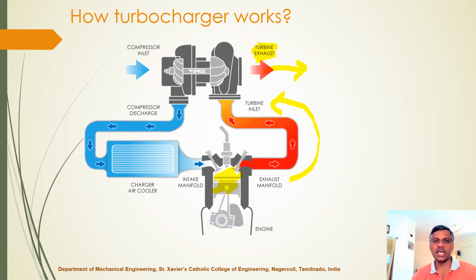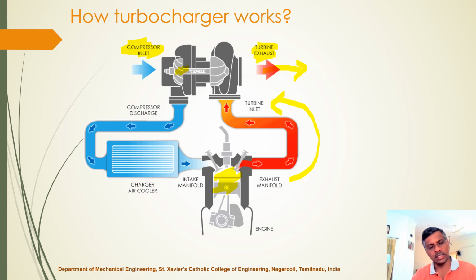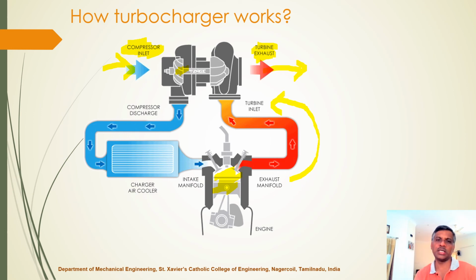This mechanical shaft is given to the compressor, so the compressor starts to rotate, because the compressor is a device which needs mechanical energy and can compress the fluid flowing through it. It takes the inlet air at low pressure, compresses it to a higher pressure, and gives it to the engine. So this is how the turbocharger works.